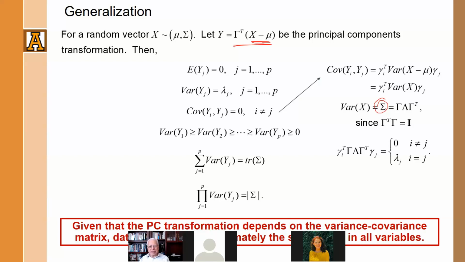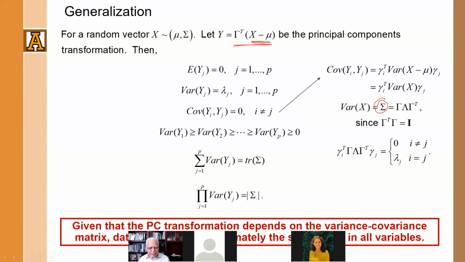But if we have, for example, one variable measured in the millions, and another variable measured in the tens, that's a huge difference that affects the variance covariance matrix. So what we do is first standardize the variables and then do the principal component analysis, so that the units of measure do not impact.